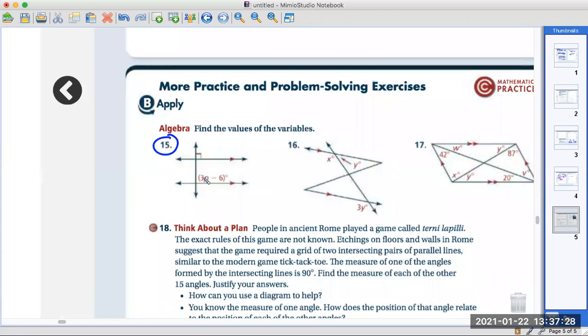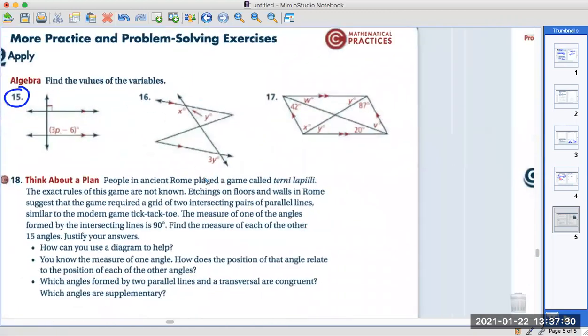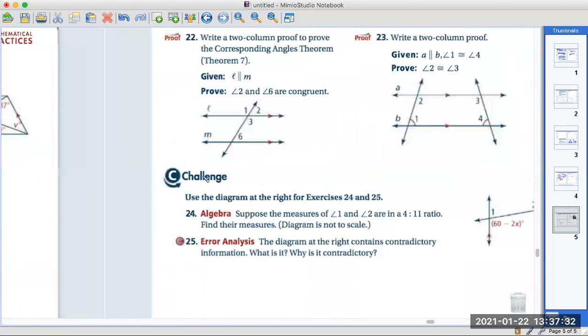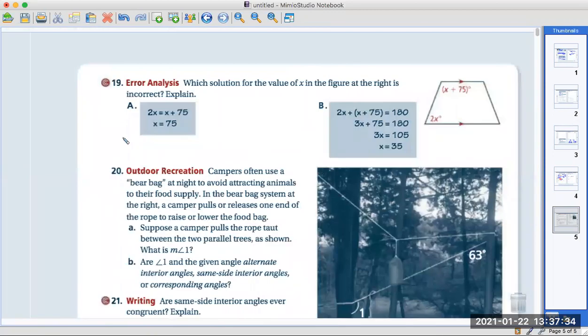So you got to figure out what p is. And on the next page, there's a mistake. You got to figure out which one is the mistake of these two equations. Okay, and why? Because it says explain. You have to say which one is the mistake and why.